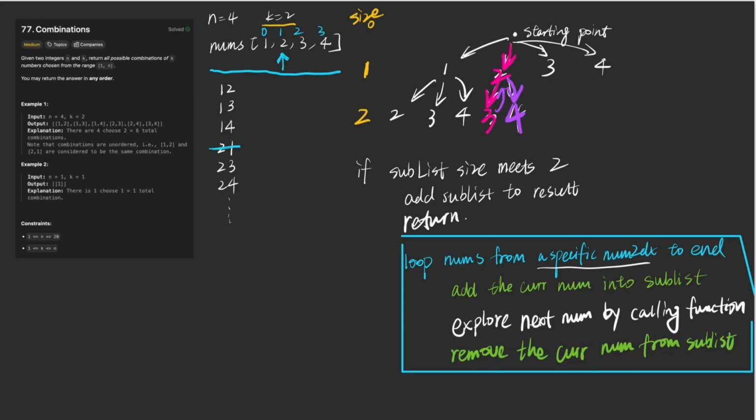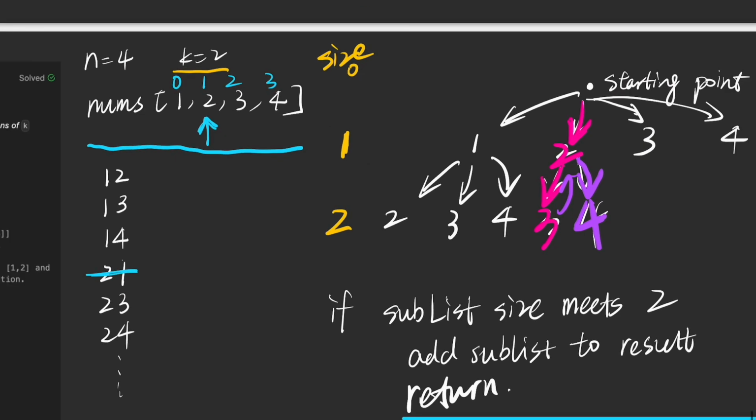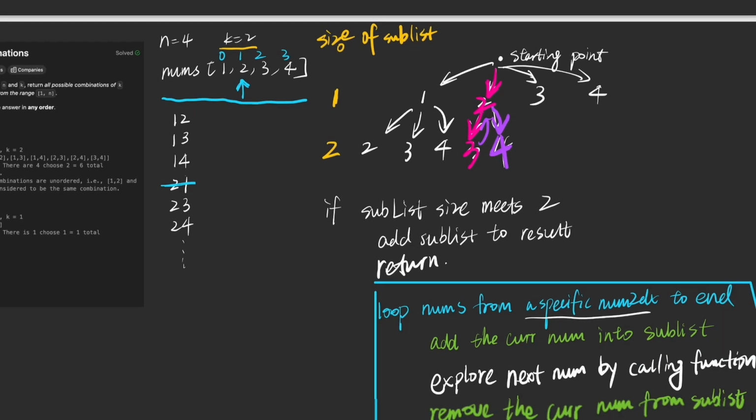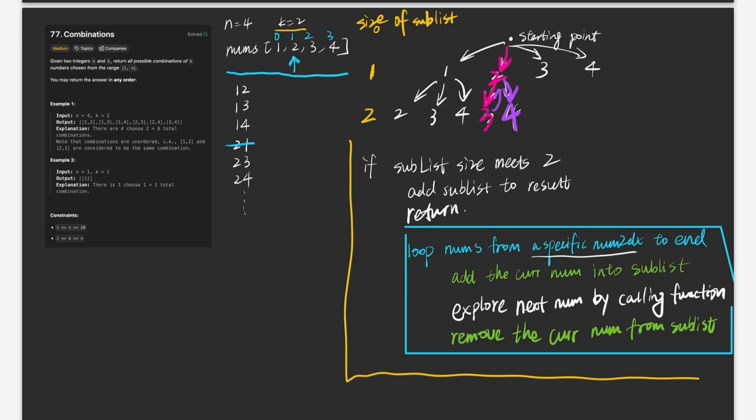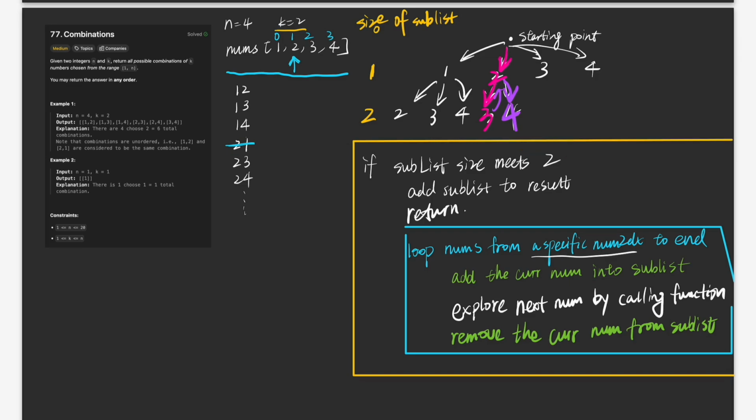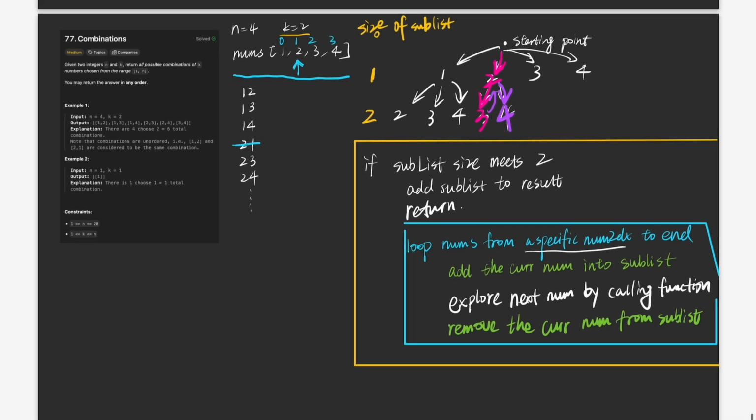But for the outside, we have to continue to append to our result based on the size of our sublist. So this part, our outside loop, is managed by the calling function.